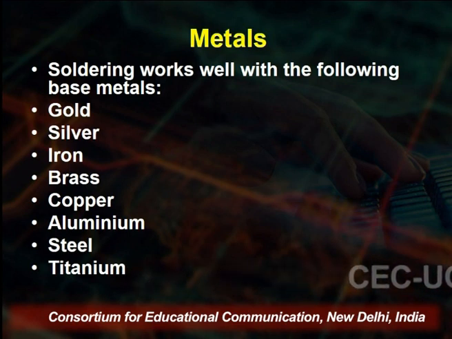While some of these metals can easily be soft soldered, harder metals may require filler materials with a higher melting point to be joined. So both types, soft metals and hard metals, can be soldered, but for this we require the filler material.